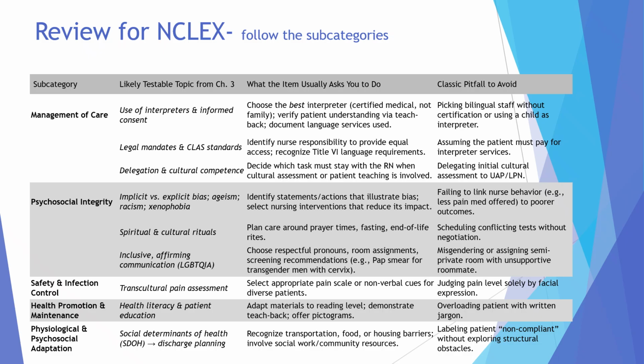adaptation. Likely testable topics from Chapter 3, like under management of care, you see they have 3. First, use of interpreters and informed consent. We know that because why? Choose the best interpreter: certified medical, not family.